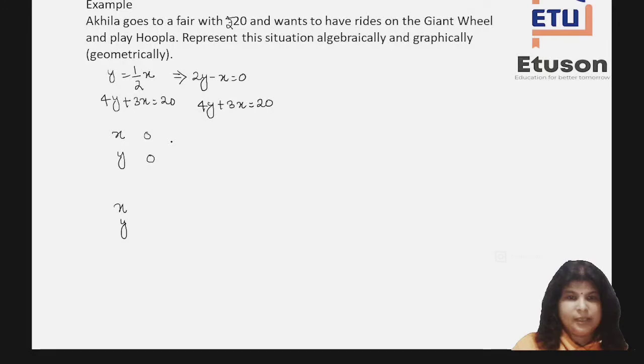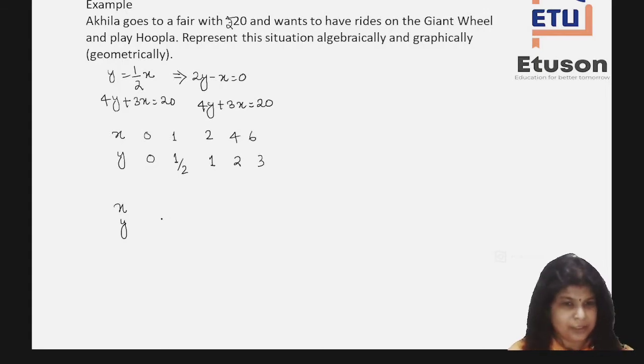Similarly, if you take x equal to 1, then y is equal to 1 by 2. If x is equal to 2, then y is equal to 1. If x is equal to 4, y is equal to 2. If it is 6, then it is equal to 3. To plot the graph, you can take any 3 points and draw.